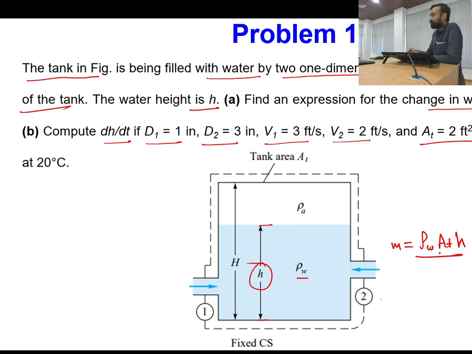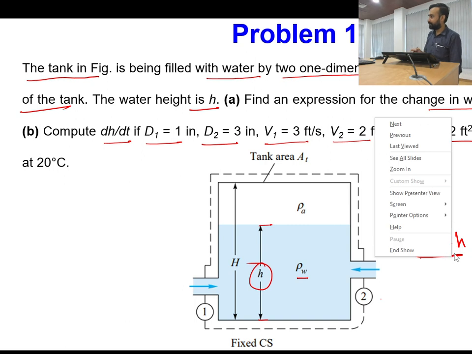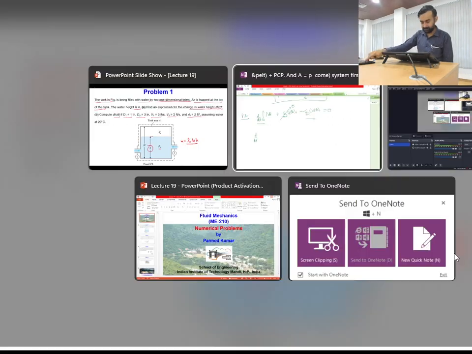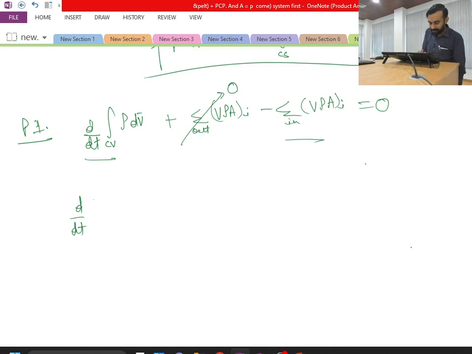So rate of change of mass of water, what is integral rho dv? Integral rho dv is nothing but mass. Fine, so mass I have calculated over here, and I have to do d by dt of this. So d by dt of rho w At h.